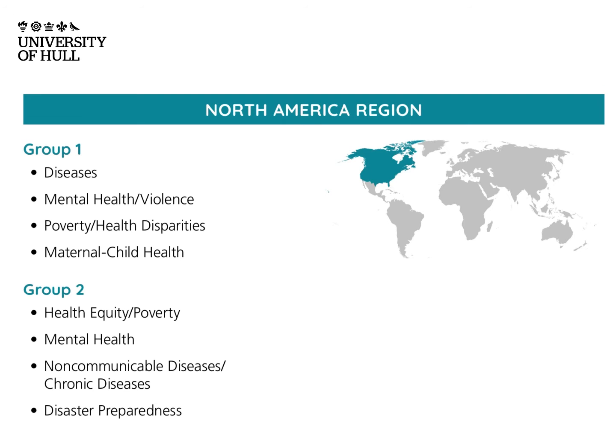Diseases generally for Group 1, mental health, poverty, maternal child health. Group 2: health equity and poverty, mental health, non-communicable diseases and disaster preparedness. So those are the priorities that should be taken together, but they were derived differently by two groups. The precise methodology can be seen in the report.